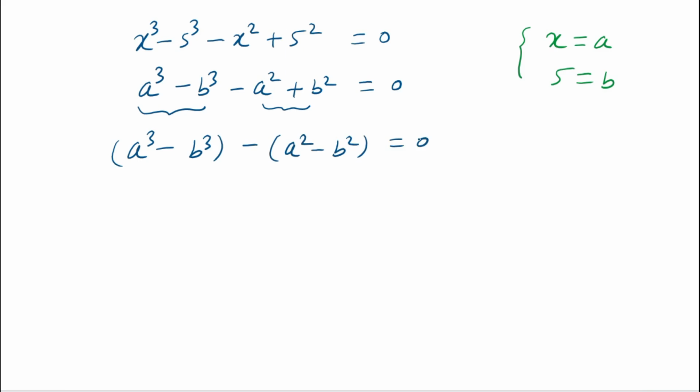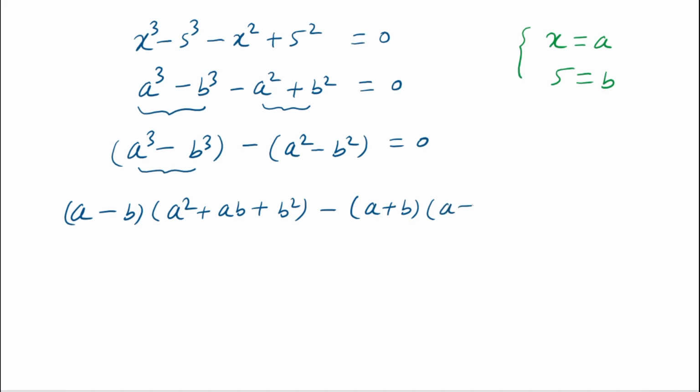We know that the factor of a cube minus b cube is a minus b multiplied by a square plus a times b plus b square, and the factor of a square minus b square is a plus b times a minus b, and this is equal to 0.